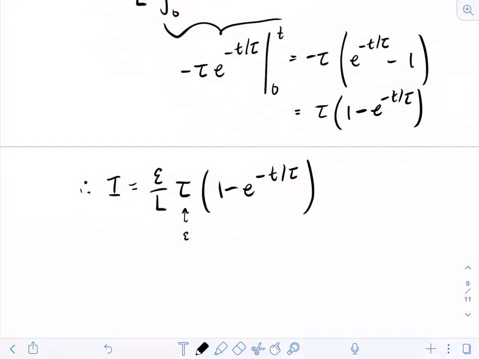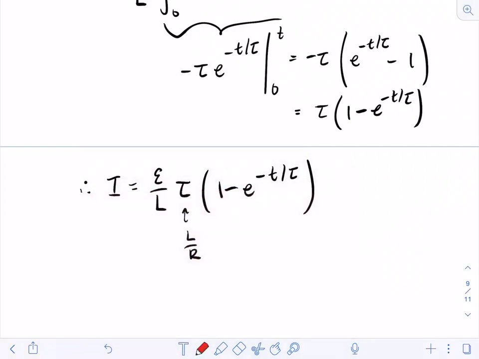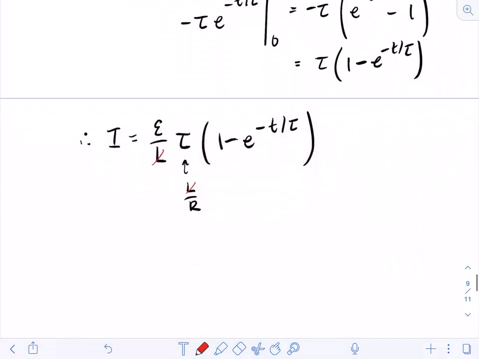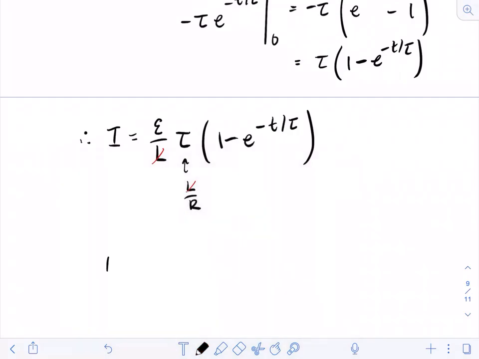But tau was L over R. So when we put in the L over R, the inductance cancels out, and we get I is equal to the EMF over R times 1 minus e to the minus t over tau.